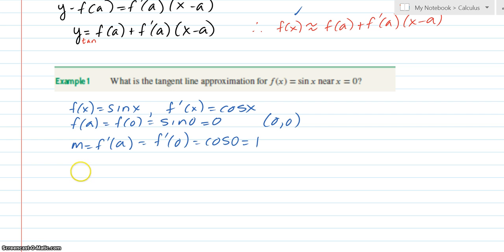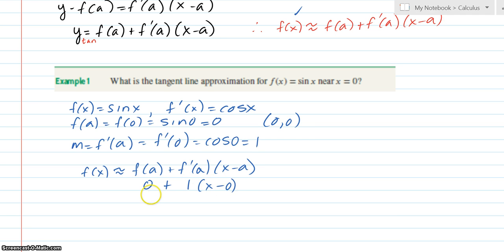Now if I go ahead and figure out that tangent line, f of x is going to be approximately equal to f of a plus f prime of a times x minus a, which is 0 plus 1 times x minus 0. So you actually get x, don't you? So f of x, which is sine of x, that's our actual value, is approximately equal to x near x equals 0.